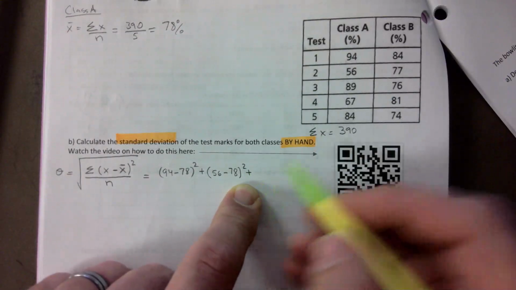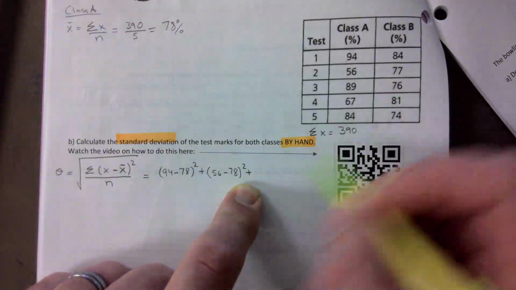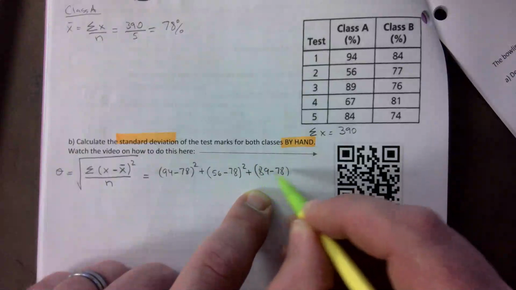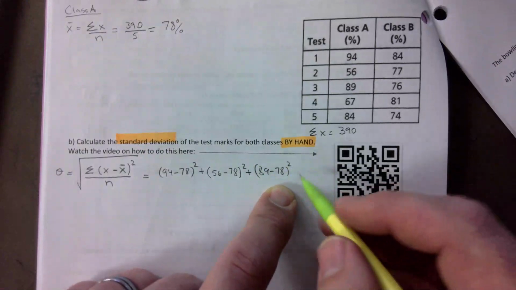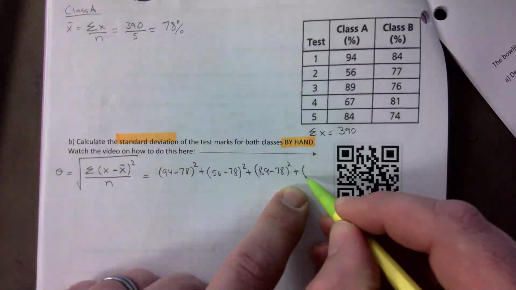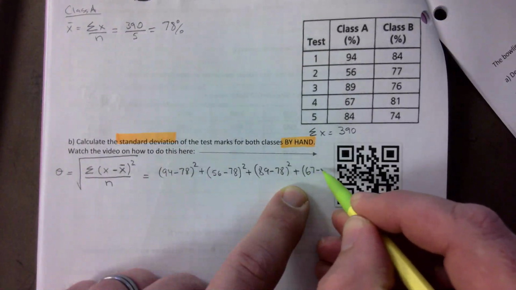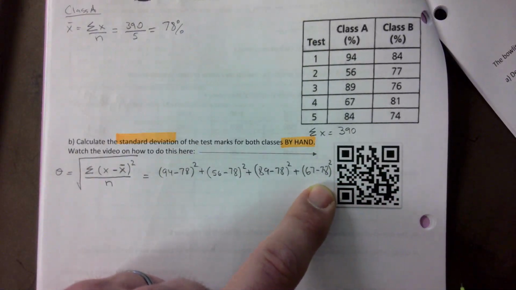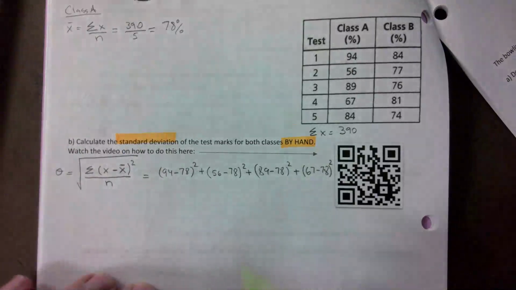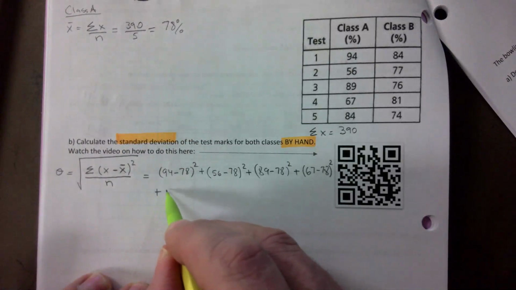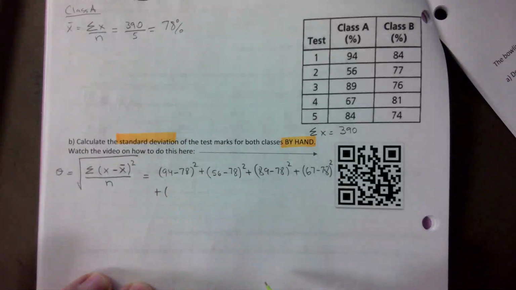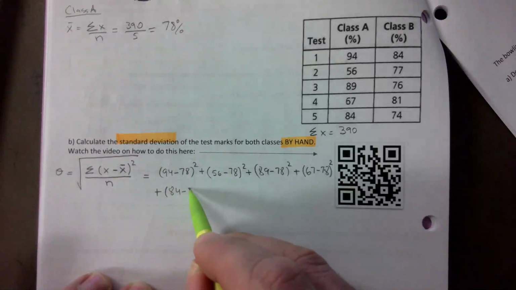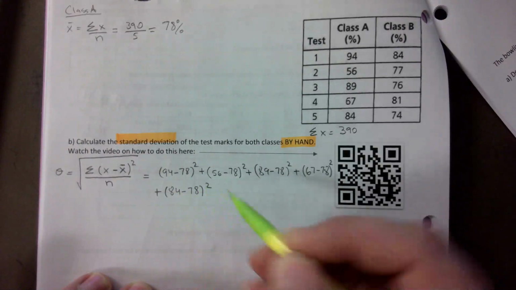You can keep adding for as many values as you have. So the next one is 89. You go 89 minus 78. Square it. This might be a bonus at some point. So if you know how to do this, you may get some extra marks for that. Okay? Squared. And I ran out of room, so I'm going to do one more here. Bless you. 84 minus 78 squared.